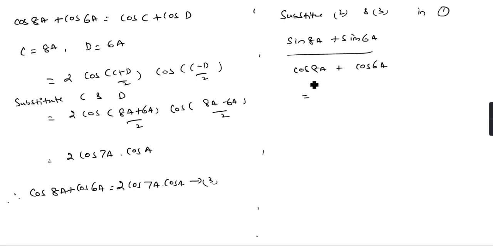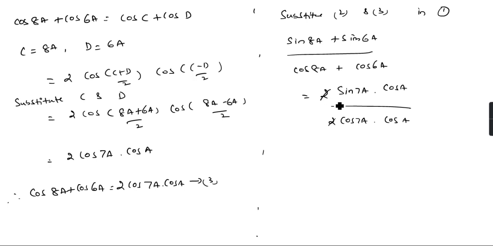The numerator is 2 sin 7a cos a, and the denominator is 2 cos 7a cos a.